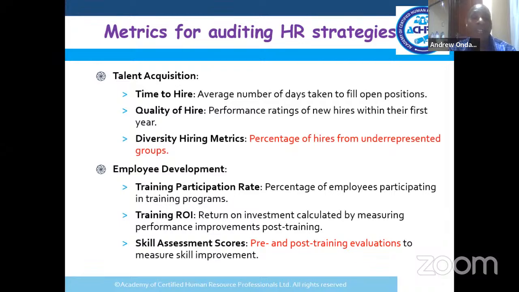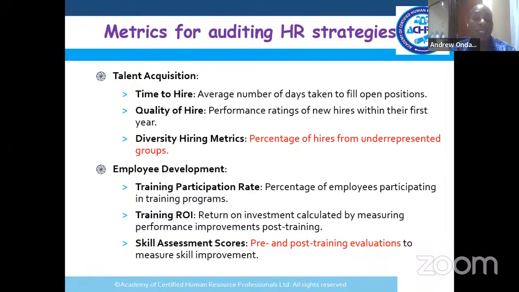Two is the return on investment from training. It is expected that at the end of a training process, there should be certain results that are achieved based on the training need. So when we train employees, we expect certain results, which include the following. One, reduced cost. Two, increased revenues.